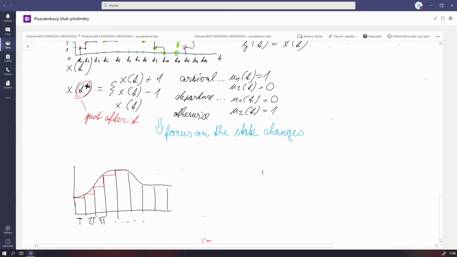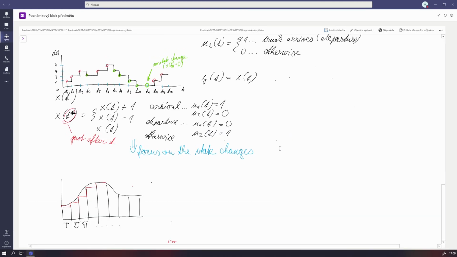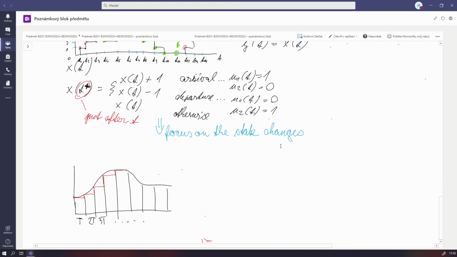And thus we can also see that the events cause state transitions and that they may also occur instantaneously, which means two events may occur at the same time.